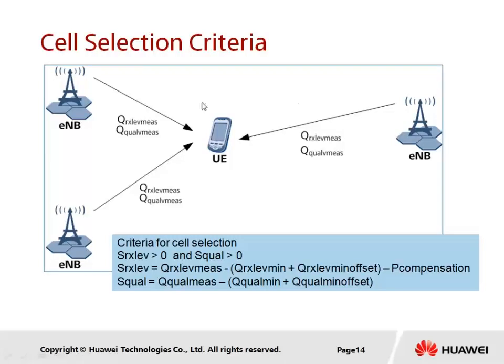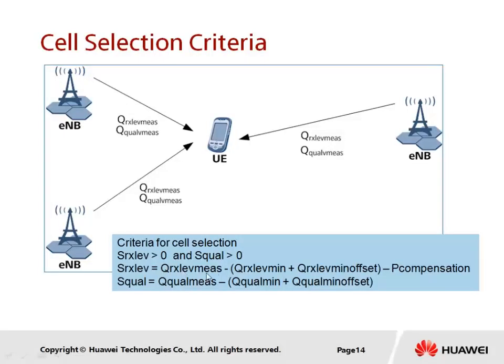So in this example, there are 3 candidate cells here. The user has to choose the one best cell to camp on based on the formula. So the criteria for cell selection simply means the S rxlev has to be greater than 0 and S qual has to be greater than 0. So the whole equation here has to be greater than 0.